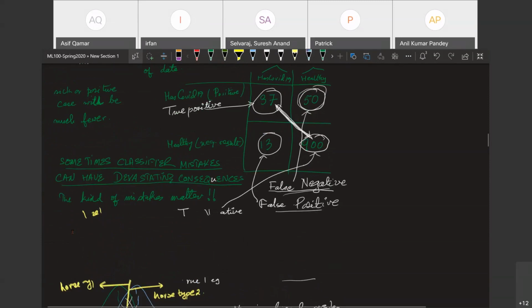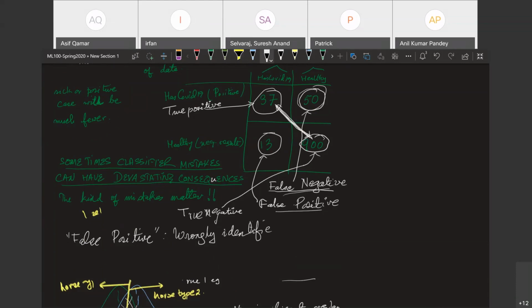This is true negative. So false positive, you can think of it as wrongly identified as positive, and false negative, wrongly missed some positive cases.